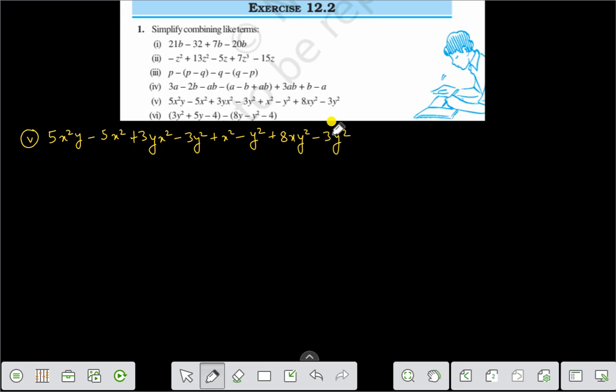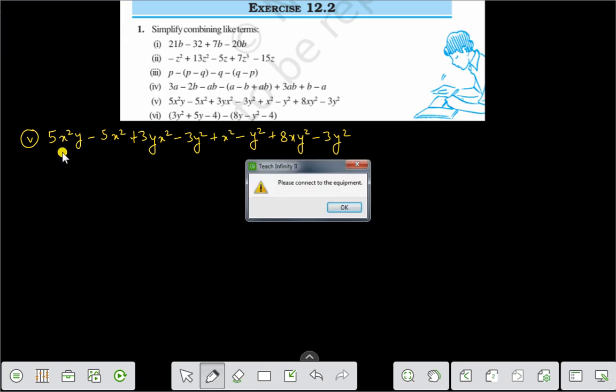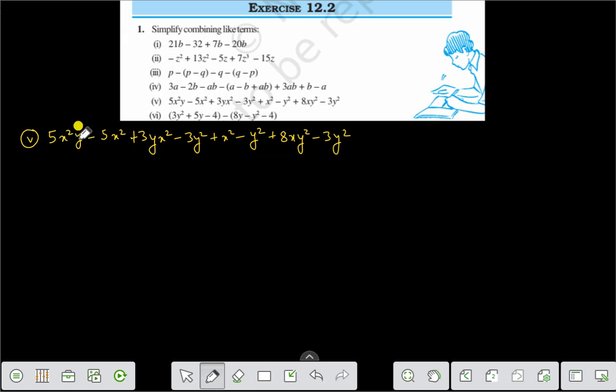Now we'll have to arrange all the like terms. This is x square y, this is x square y, and this is also x square y, right? Therefore we will add this one, that is 5x square y plus 3x square y, right?